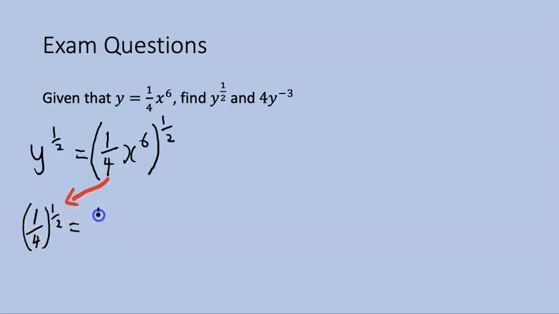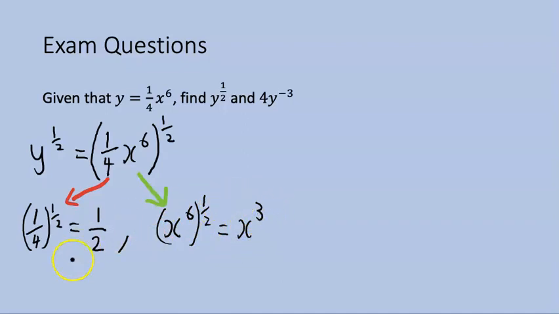Square root of 1 is 1. Square root of 4 is 2. Now I deal with the x to the 6. X to the 6 to the half gives me x to the 3, so x cubed. So therefore, y to the half is equal to a half and x cubed multiplied together.